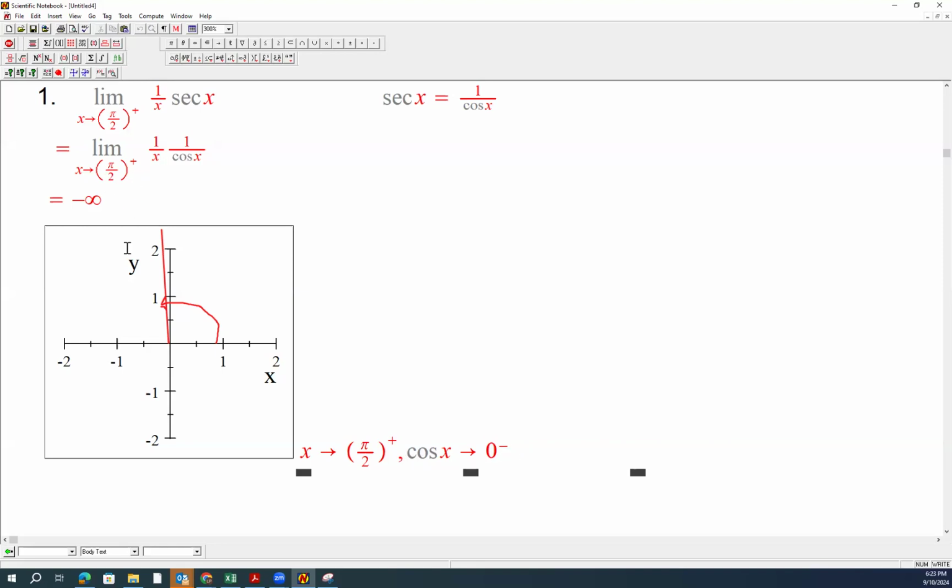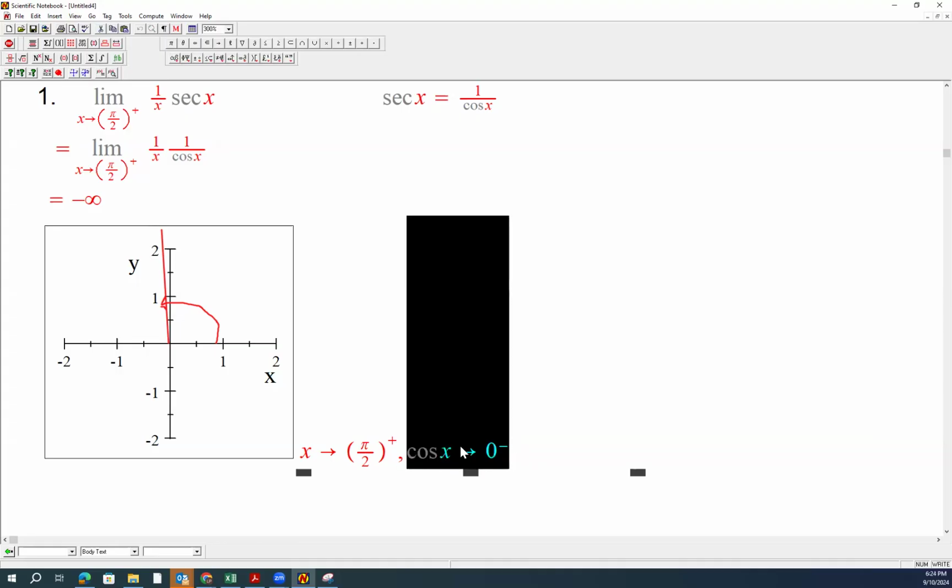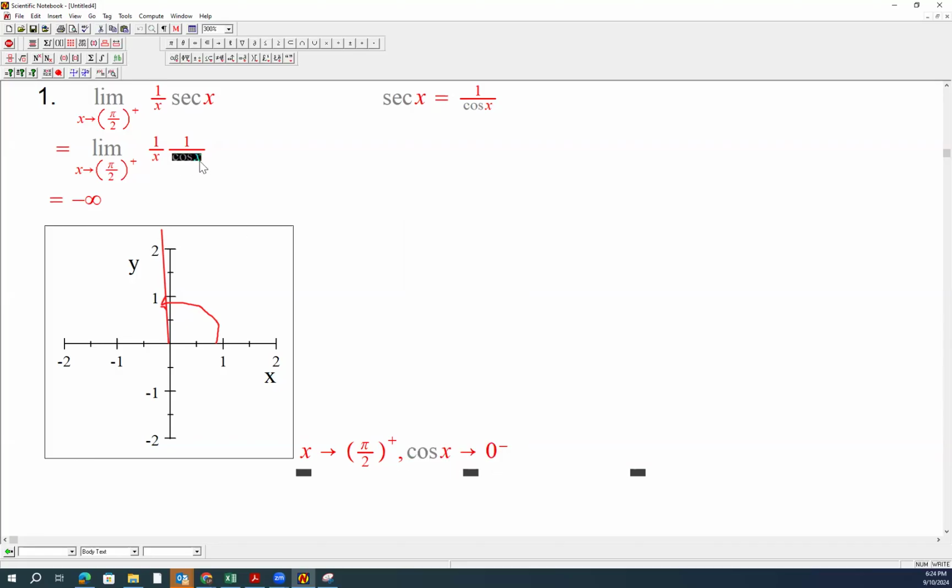And because x approaches pi over 2 from larger than pi over 2, as we demonstrated, the terminal side of the angle is going to fall into the second quadrant. Therefore, cosine x is going to approach 0 from smaller than 0, meaning that this piece is going to be negative. That's how we get negative infinity.